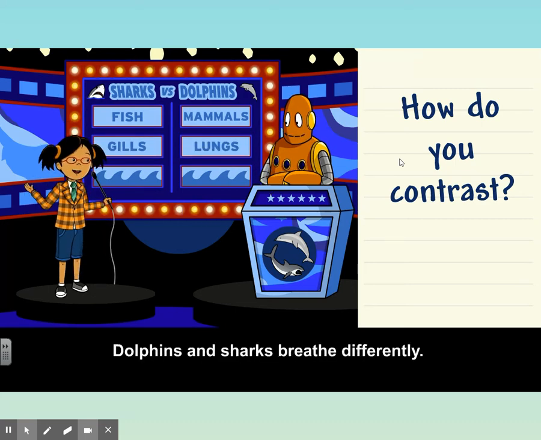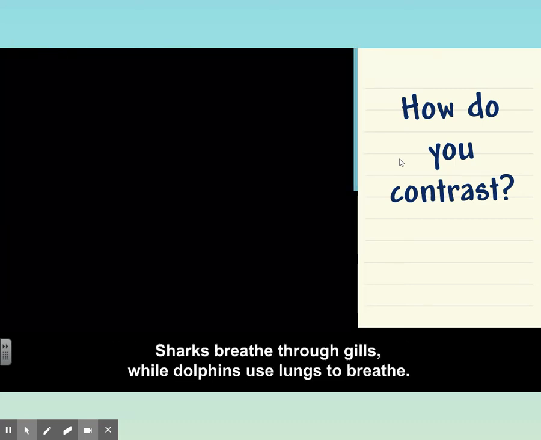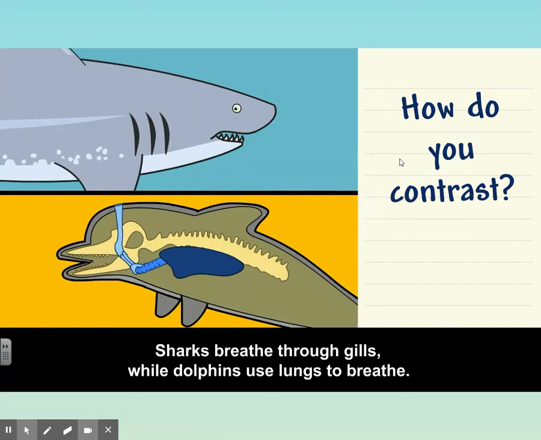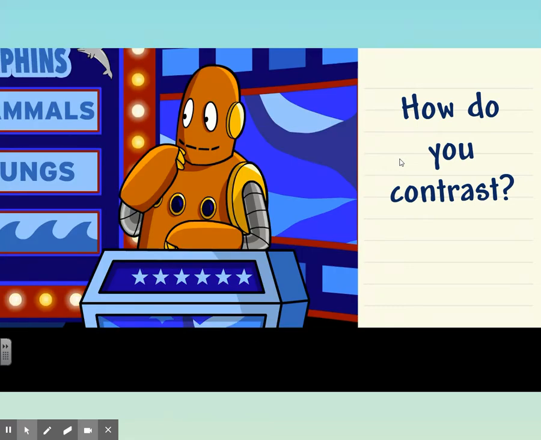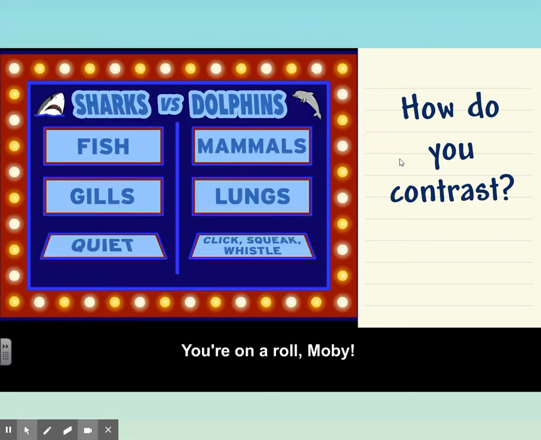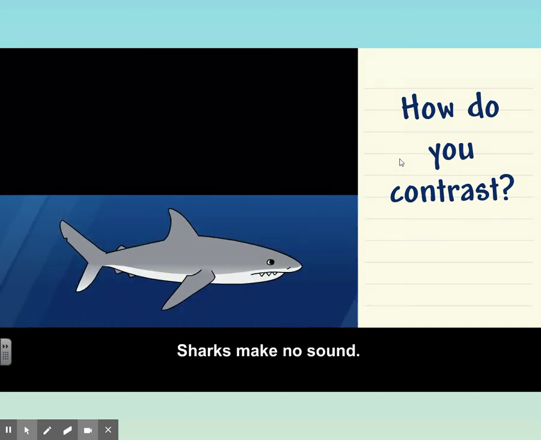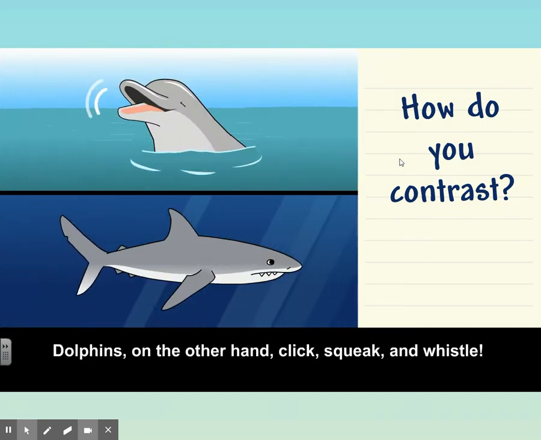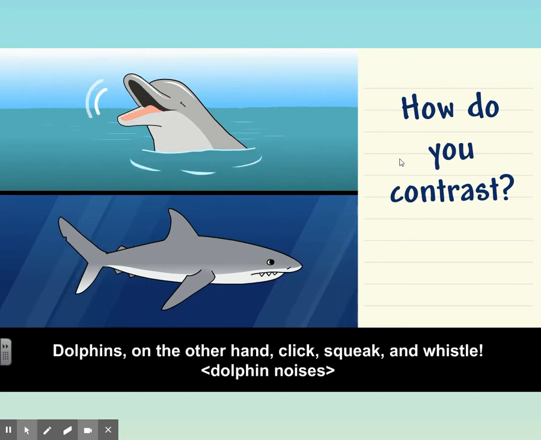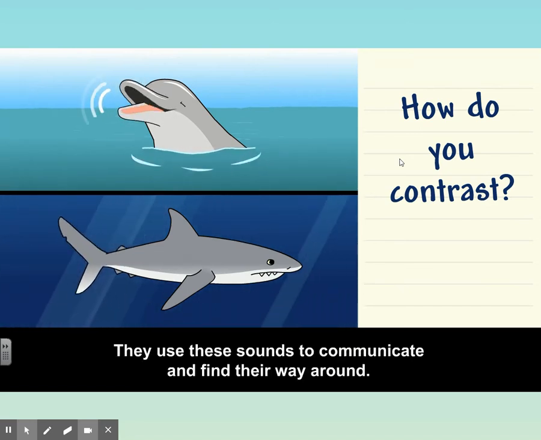Dolphins and sharks breathe differently. Sharks breathe through gills, while dolphins use lungs to breathe. You're on a roll, Moby. Sharks make no sound. Dolphins, on the other hand, click, squeak, and whistle. They use these sounds to communicate and find their way around.